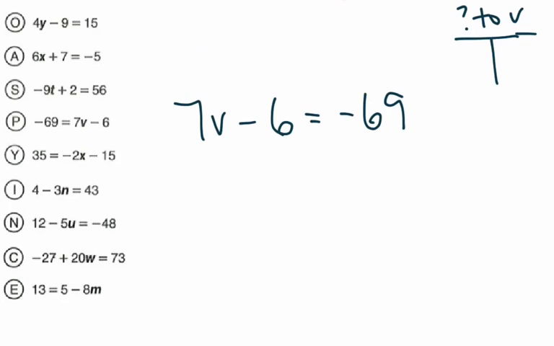The first thing that I notice is that v is being multiplied by 7. And another thing that I notice is it's being subtracted by 6. So what we're going to do is divide by 7 and add 6. The question is, which one do I do first? So I'm going to write sad meep down here.